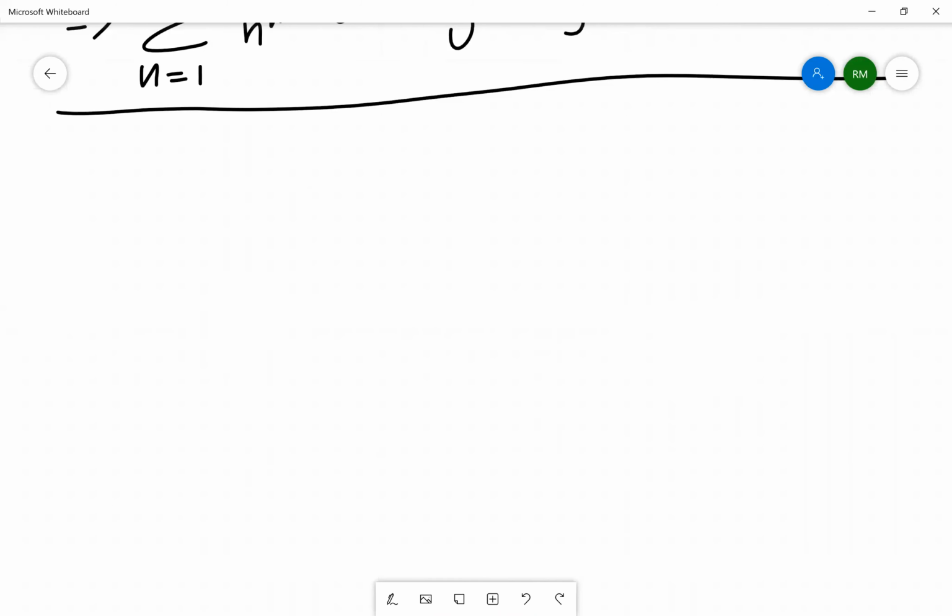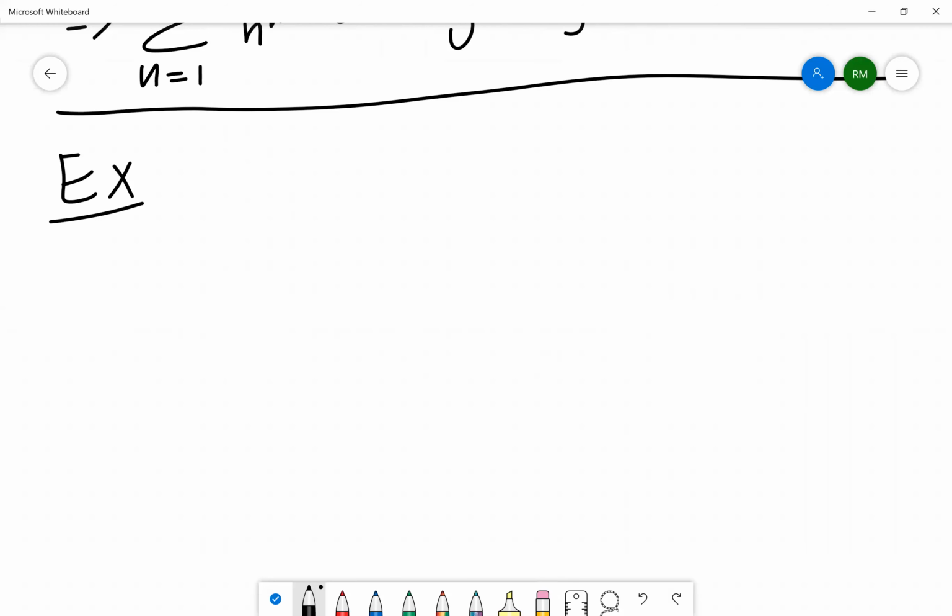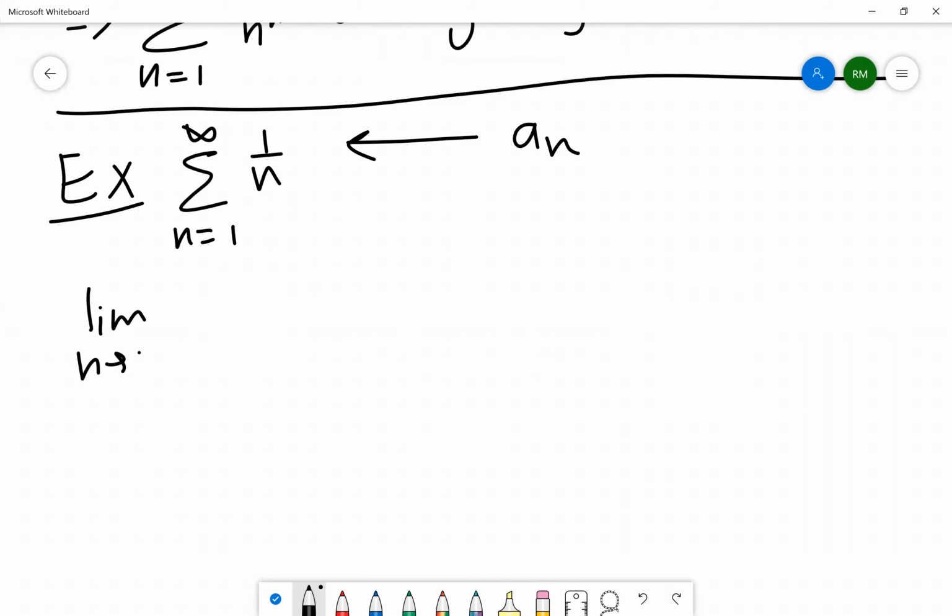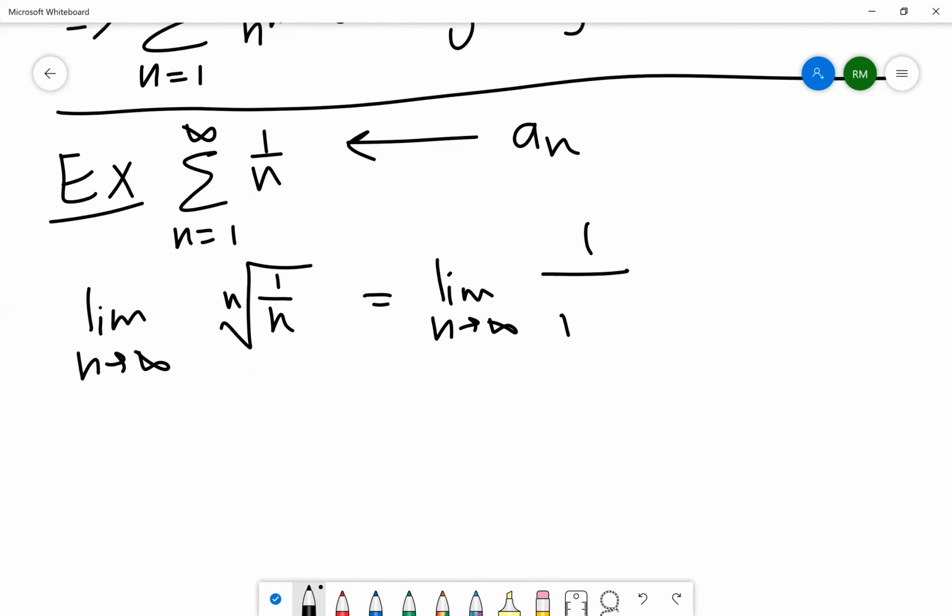All right. Last but not least, let's do a tricky one. Let's go back to our harmonic series, where these are our an terms, and we need to take a limit as n goes to infinity of the nth root of 1 over n, which is the same as the limit as n goes to infinity of 1 over n to the 1 over n.